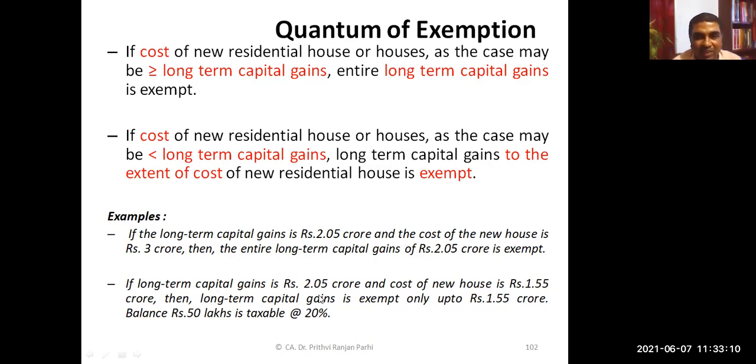If the long-term capital gain is 2.5 crore, but the cost of the new house is only 1.5 crore, that means the entire long-term capital gain is not invested, then exemption will be only up to 1.5 crore. The balance, rupees 50 lakh, will be taxable. Since it is long-term, it will be taxable at the rate of 20%. Understood this example?